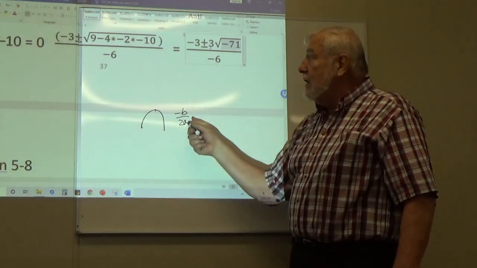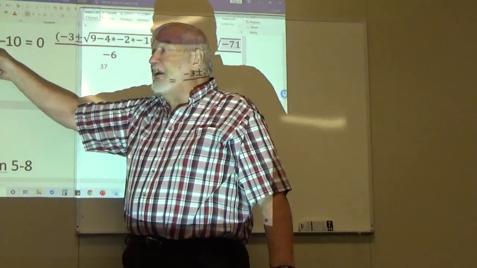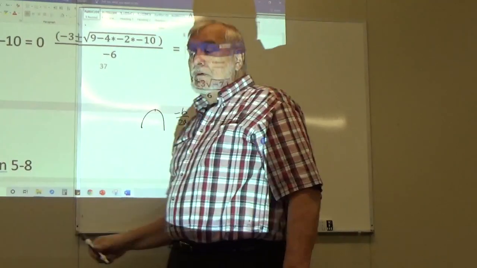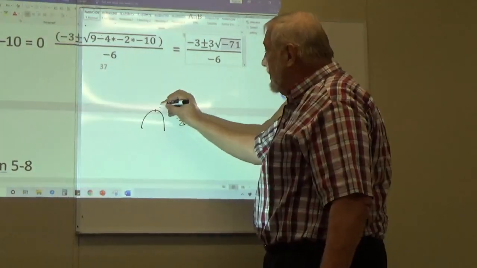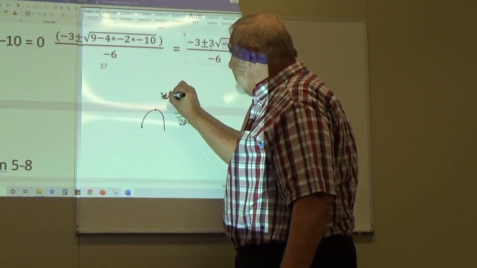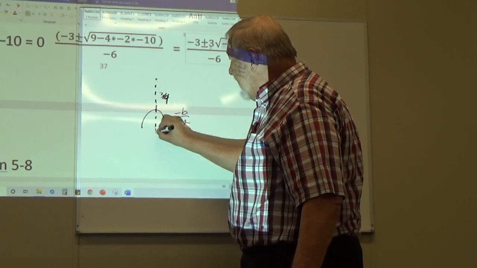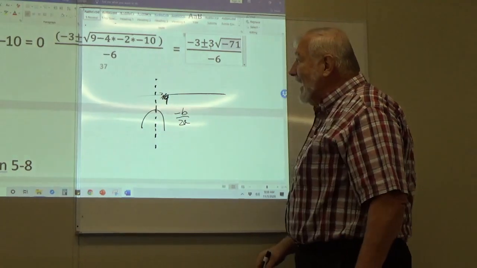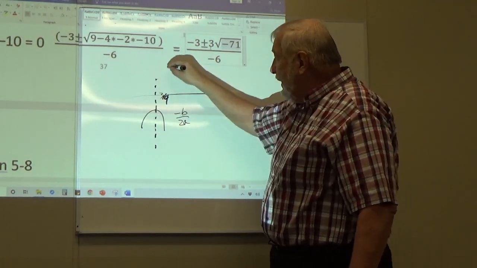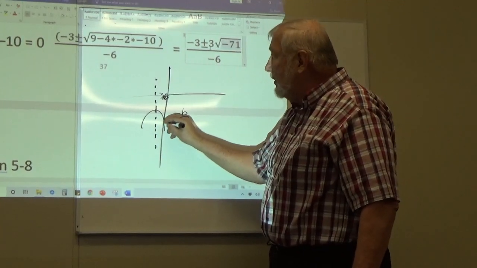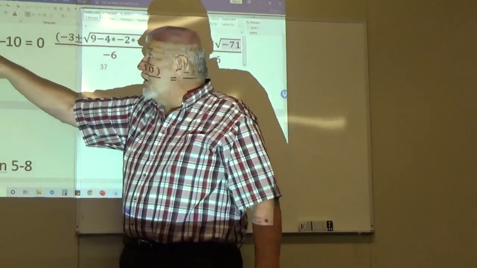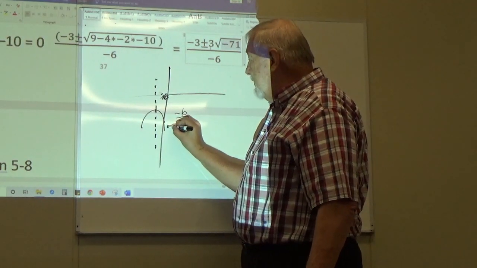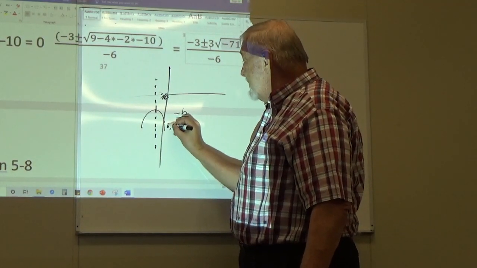So what we did first, -b will be -3 over 2a, which would be 4. So this center is at the number 3/4, that's the vertex, right? But it's going to be below the x-axis, and it's going to come through here at 0, -10.